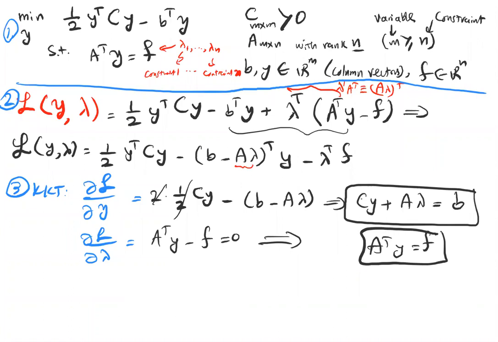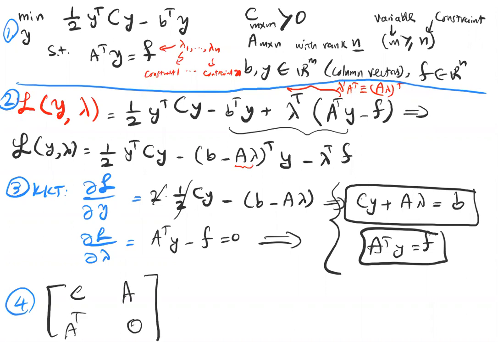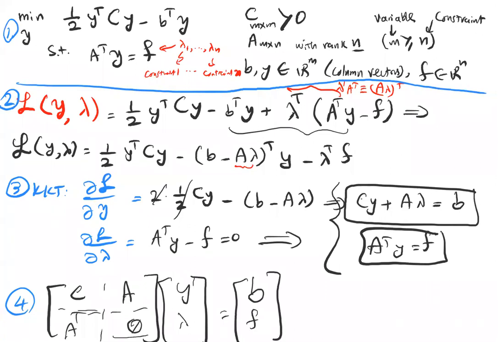I'm going to represent these two in terms of matrices. So what we are going to have is C, A transpose, 0. These are all block matrices. So this is a block matrix 0. We have vector y, vector lambda is equal to b and f.